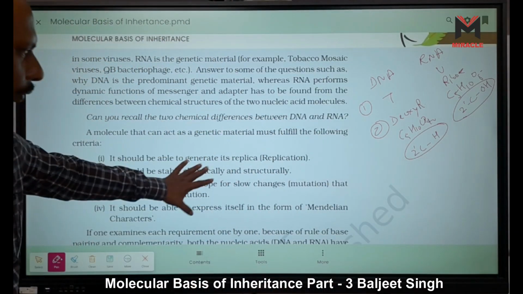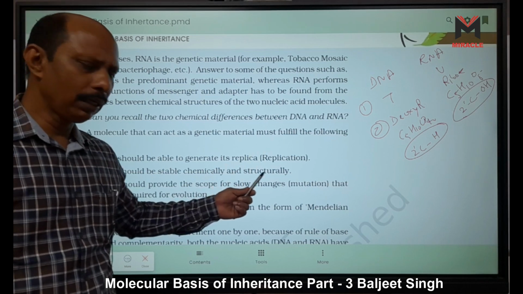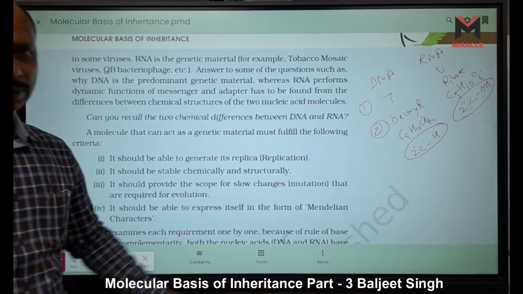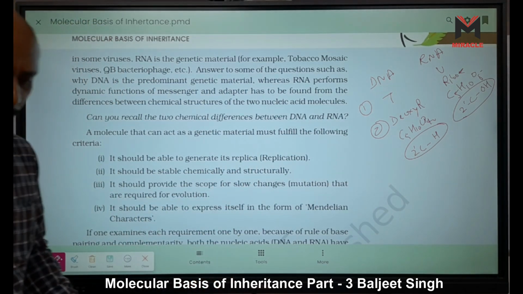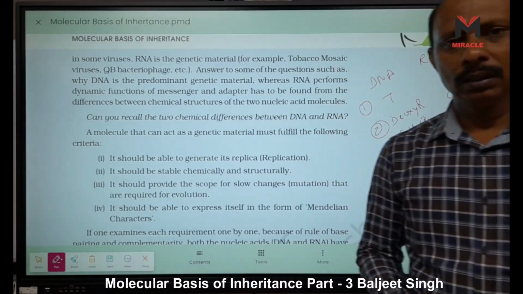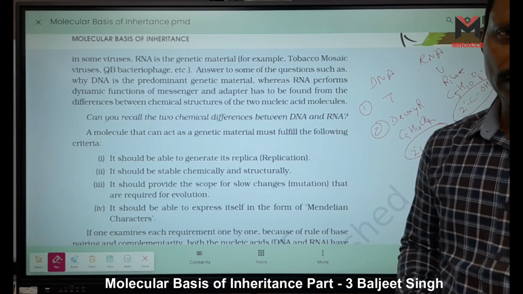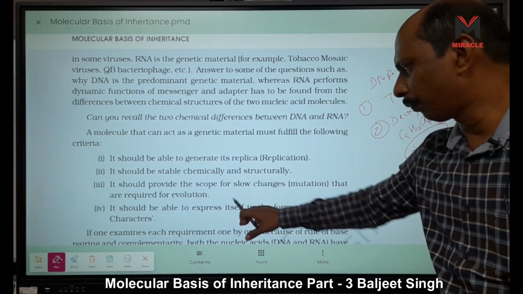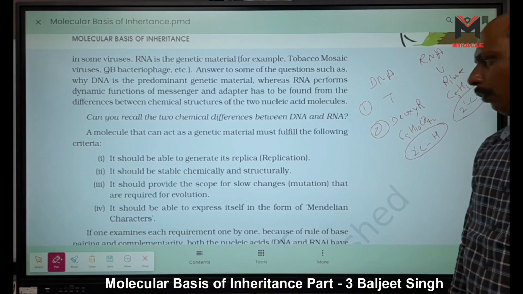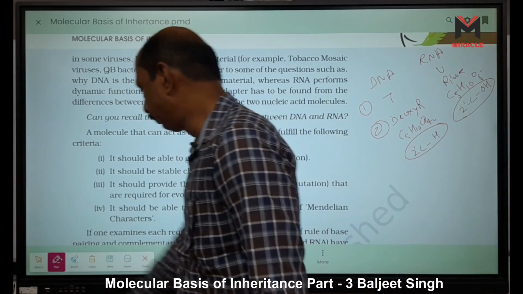What are the 4 basic criteria? Replication, stability, mutation and expression. These are the 4 basic criteria for a genetic material.